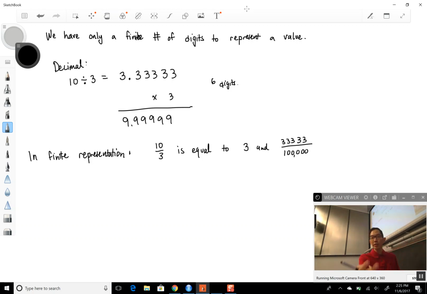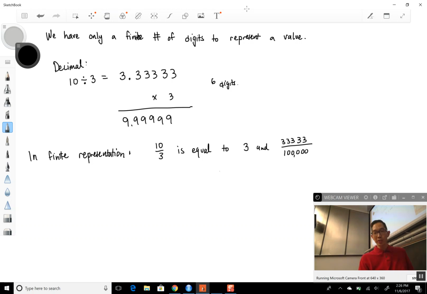And so when you have a number like this stored in the computer, the computer doesn't know, oh, I've got 3.33333. Is that 10/3, where there's actually an infinite number of 3's continuing on? Or is that 3 and 33,333 100,000ths? The computer has no idea. It actually doesn't care. It has no opinions on the matter. And in its mind, these two things are equal.